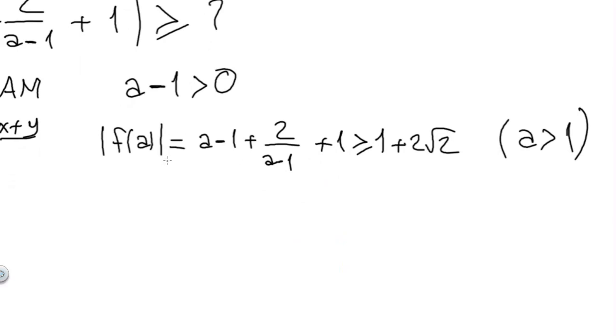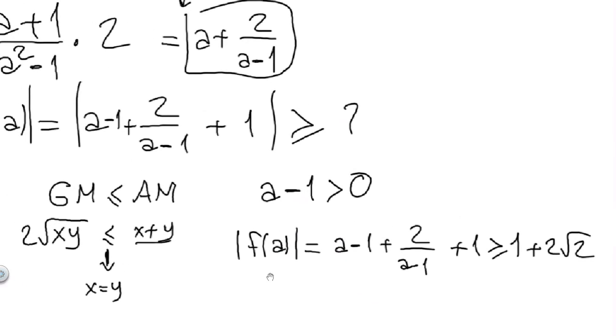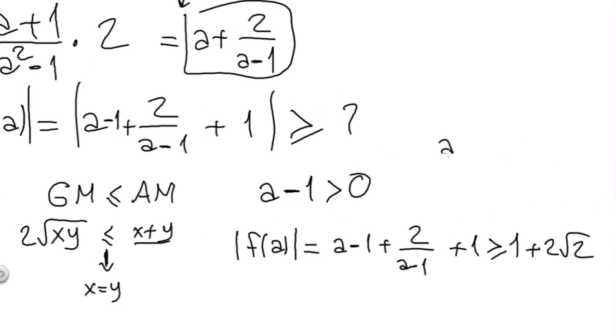Okay. And so for negatives, if A minus 1 is less than 0, and here actually, well, I won't go into details of this part. You can think of x plus 1 over x, okay?